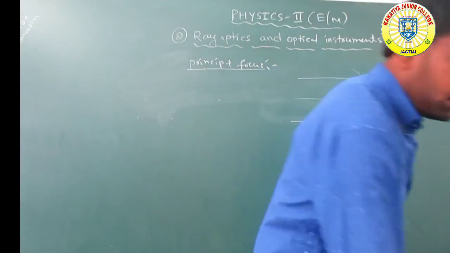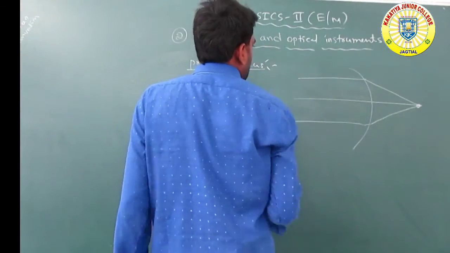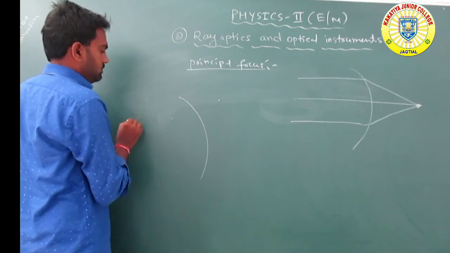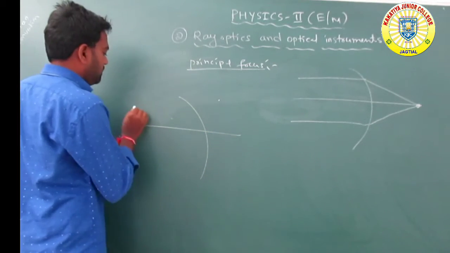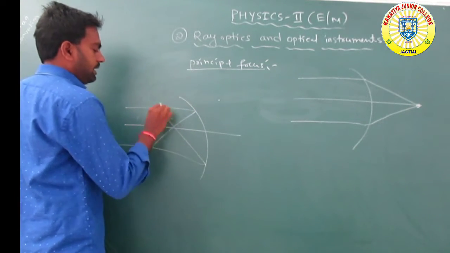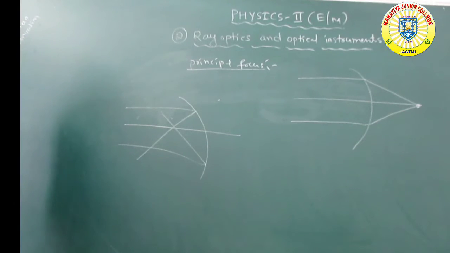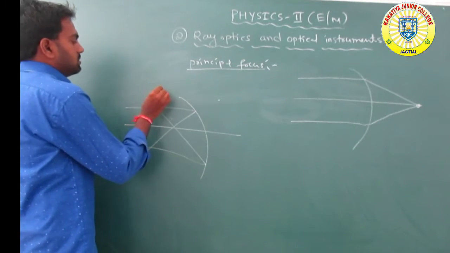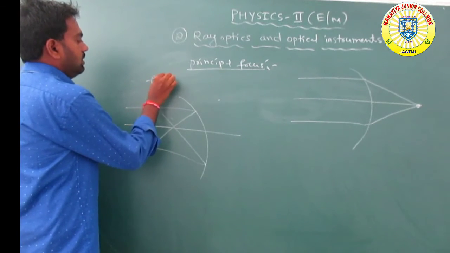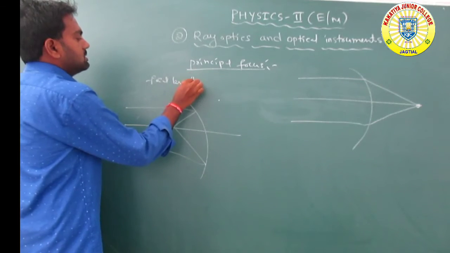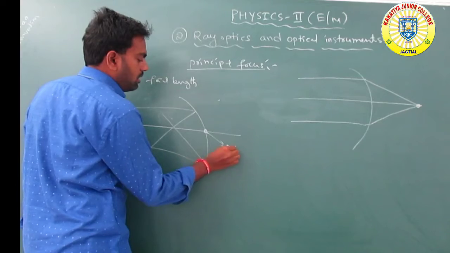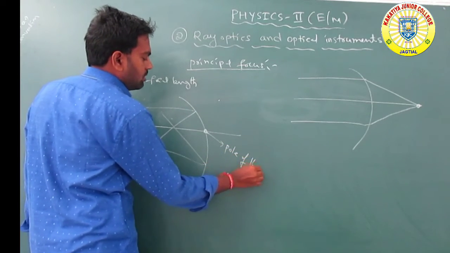Got it. So what is the focal length? This is the principal axis, and the incident rays get reflected to the principal focus. This point is called the pole of the mirror, or lens.